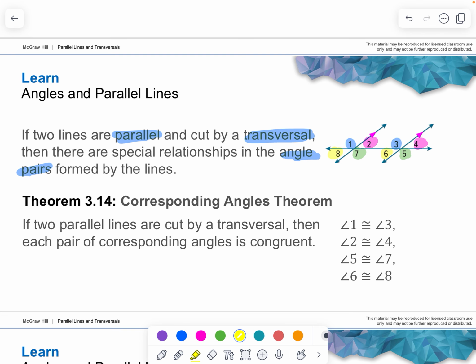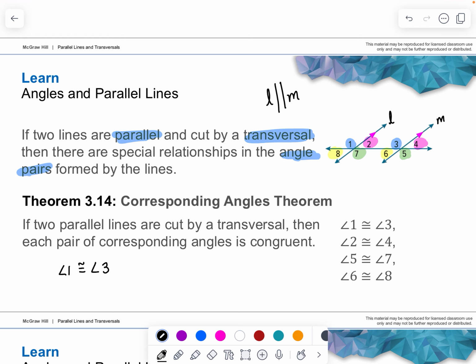If you look down below, it says in ALEKS proofs, when you look at the drop down, you'll be looking for one that says, if lines are parallel, then corresponding angles are congruent. You might be given a proof that says line L is parallel to line M, and then in your proof you'd be able to write that angle 1 is congruent to angle 3.